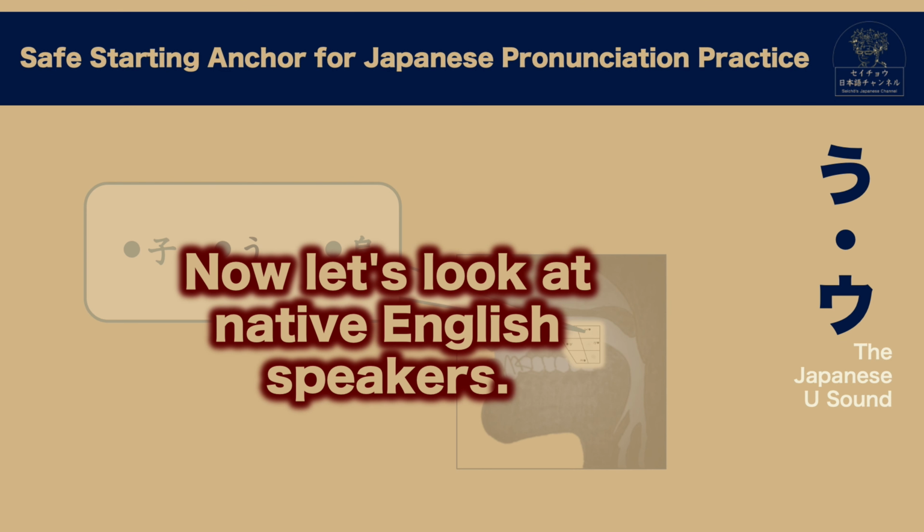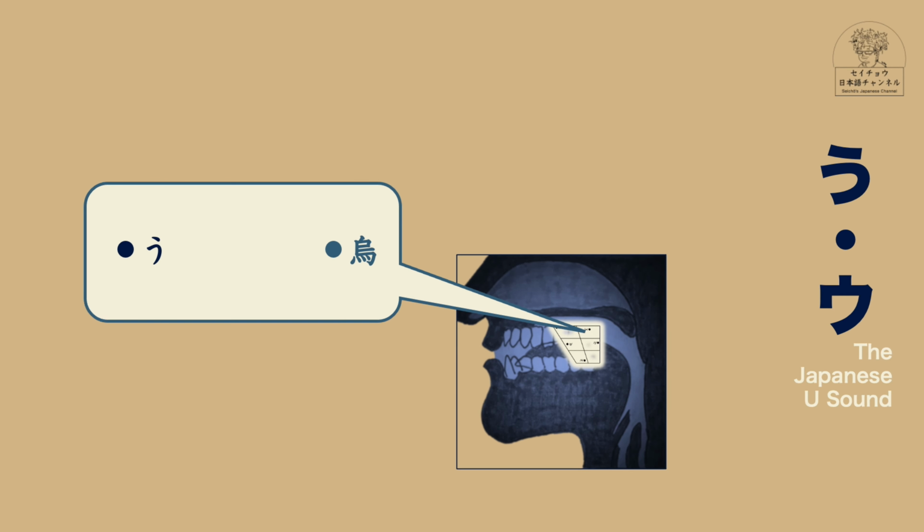Now, let's look at native English speakers. In American English, the u sound is actually produced further forward than the Mandarin wu. And in accents like California English, this forward tendency is even stronger.